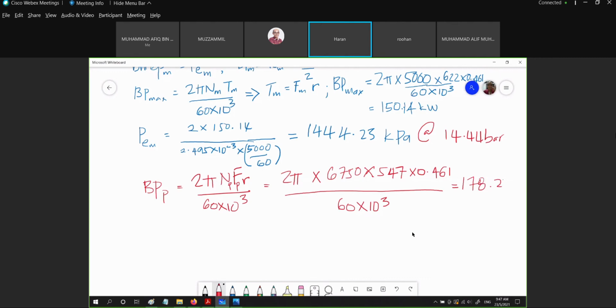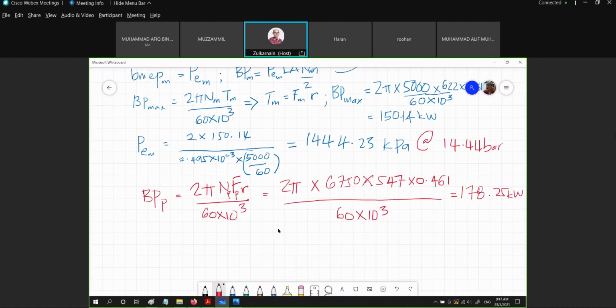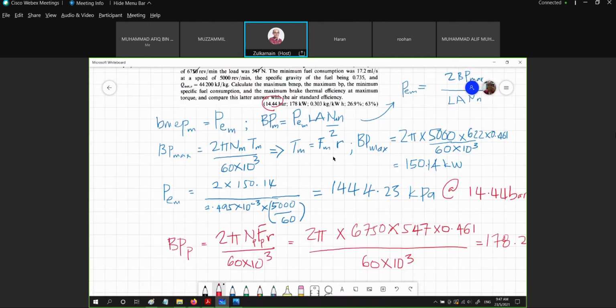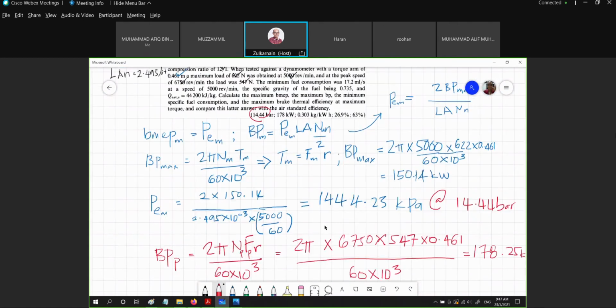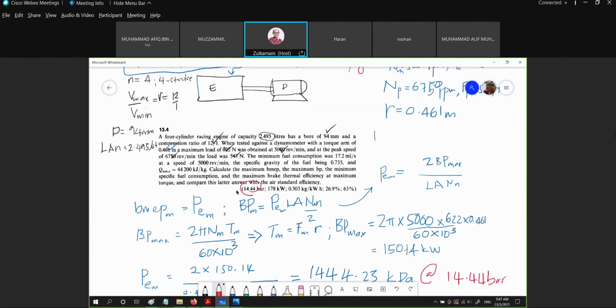Unit? In kilowatt. Yes, in kilowatt. Sama tak? Yeah, 178.